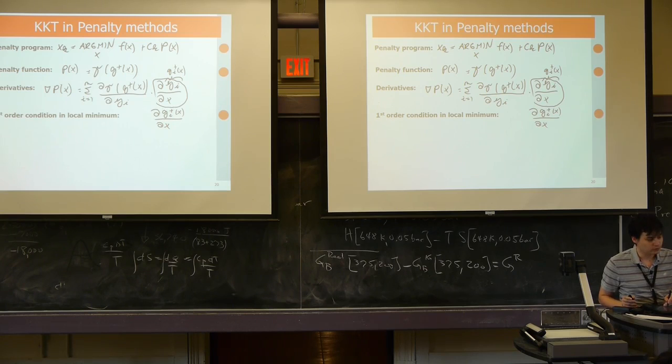It's the derivative of gi x if gi x is positive, and 0 otherwise if gi x is negative. But when gi x is negative, we choose the gamma function such a way that this will be 0 in that case. So I could just write this, that the derivative of px is this expression multiplied with the derivative of gix over x.